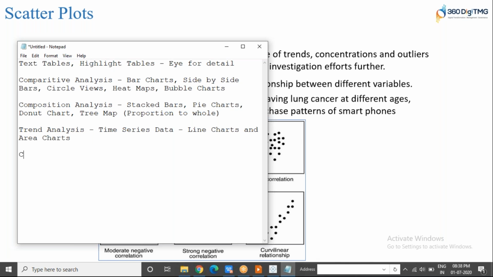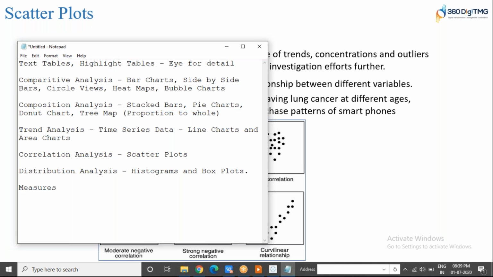Then two things are left for us: correlation analysis, under which we look at scatter plots, and distribution analysis, under which we will look at histograms and box plots. Now, some additional charts come under a separate category of comparative analysis: comparing measures against each other.